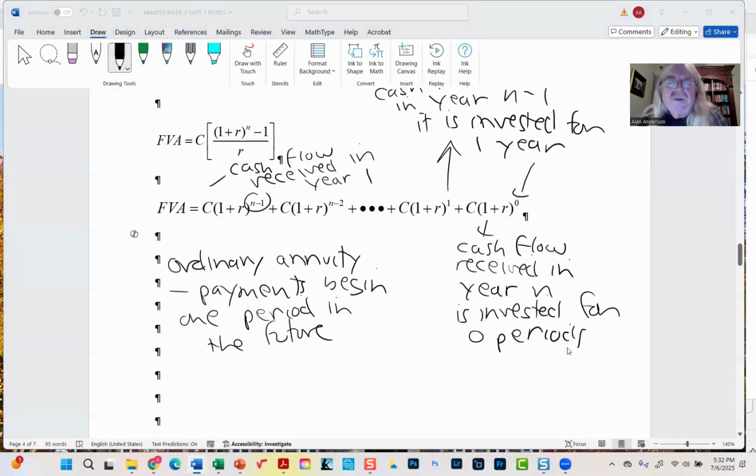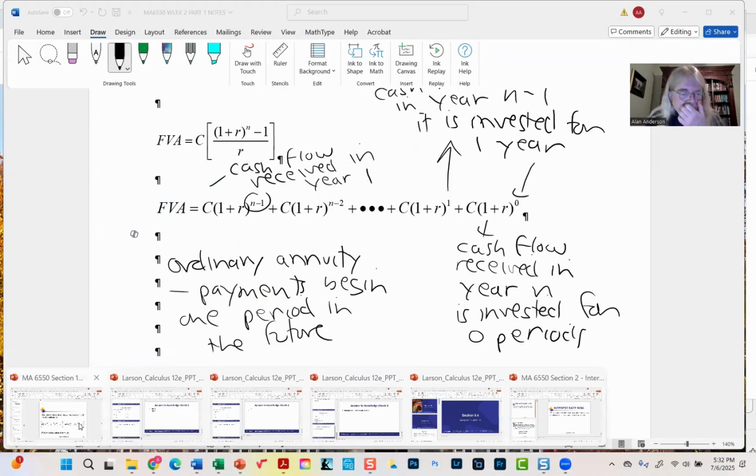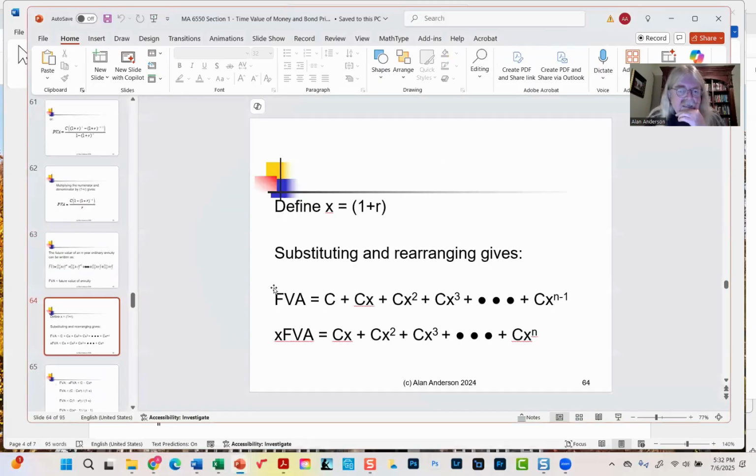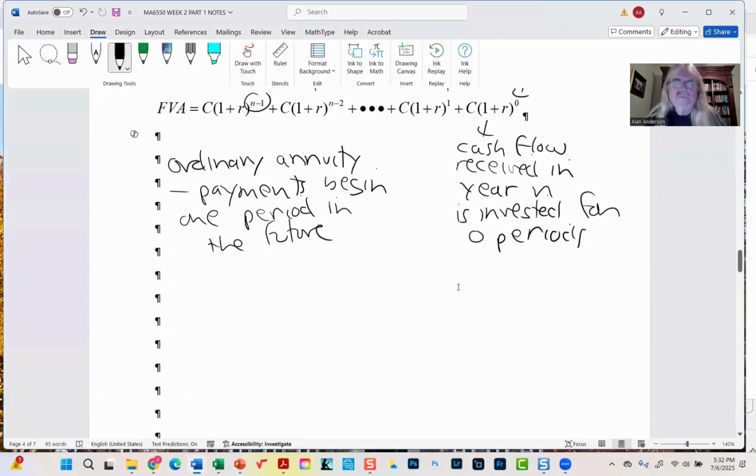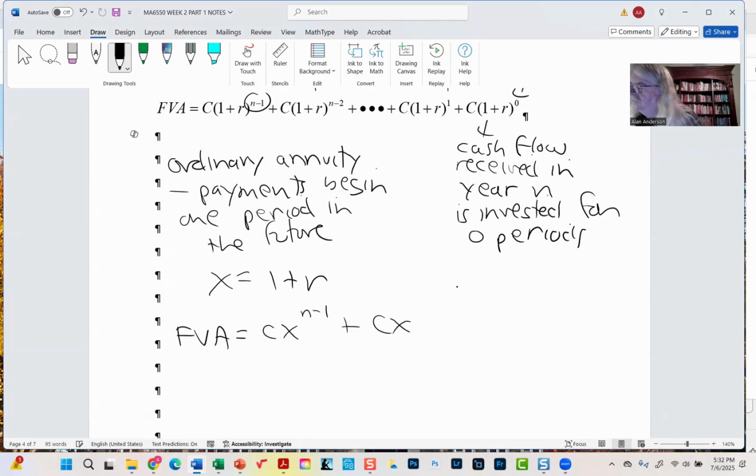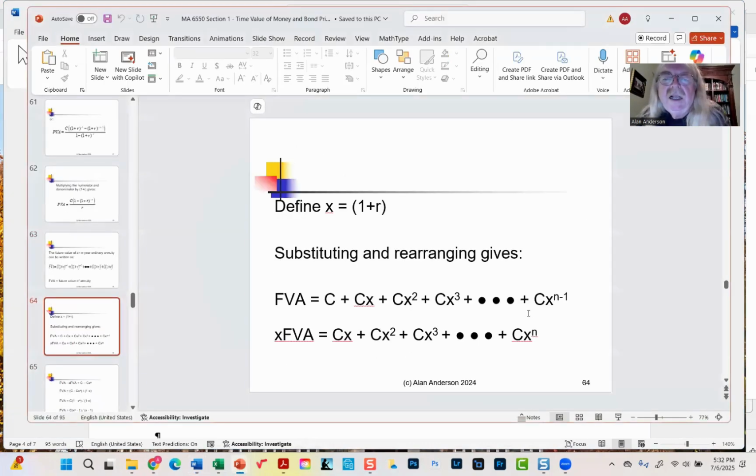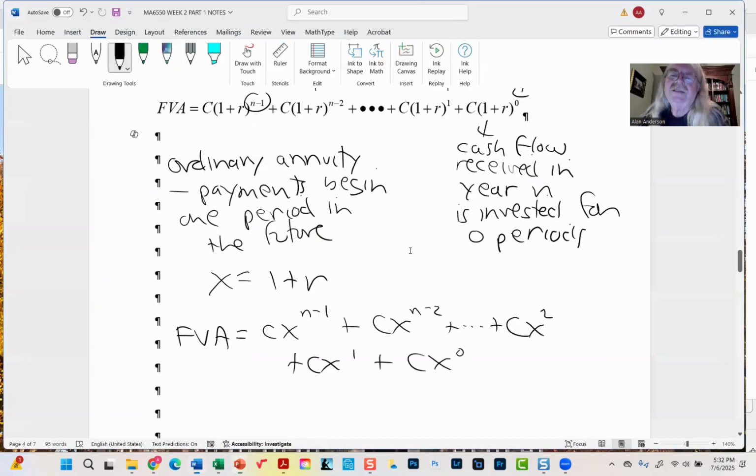So now we're going to make some substitutions, just like before. X will be this time just 1 plus R. And then, I see what's happened here.